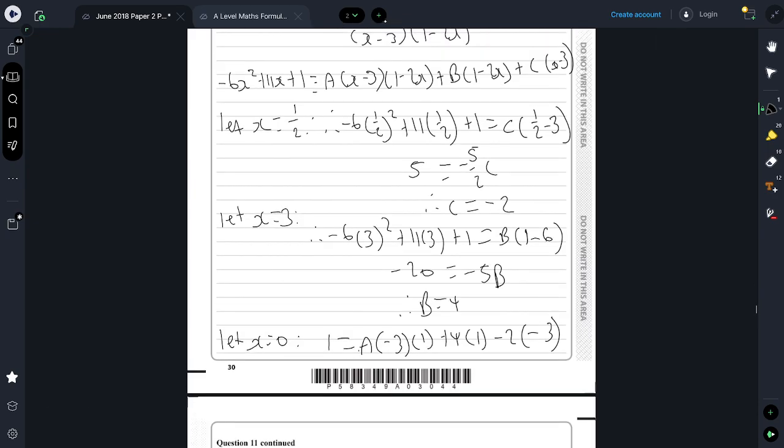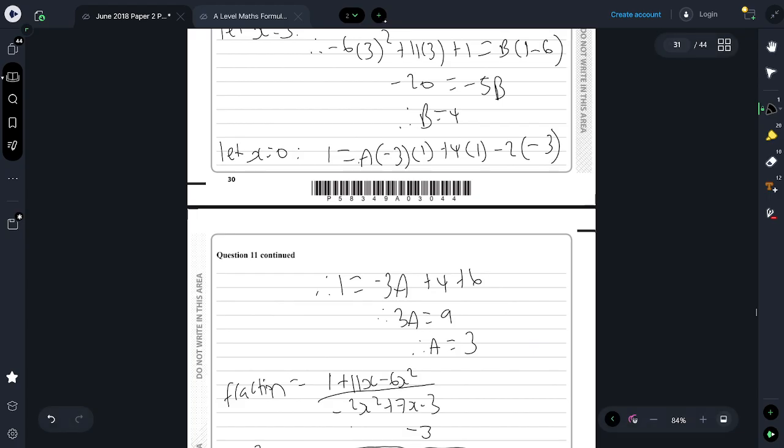No, which is 0 minus 3, 1 minus 2x. But, no, that should be fine. B of 1, which is 4. And then C, 0 minus 3, yeah, that's plus 6.